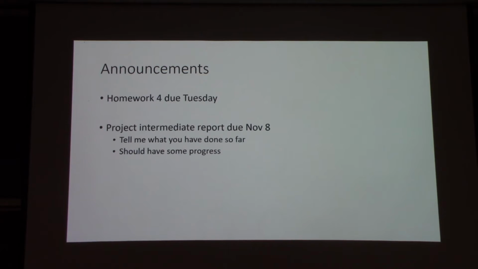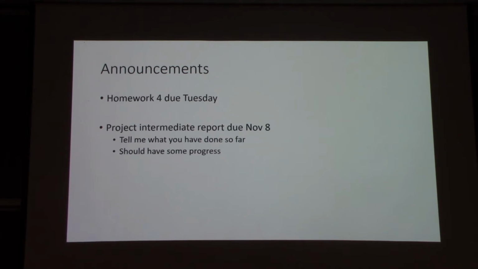The crown has not been stolen yet, but that's only because only 11 of you are participating, but I expect more of you to. I know that more than 11 of you have signed up for the competitive project, and the terms of the deal were that by the intermediate report you should have tried out at least 2 algorithms. So you should have done that. All right. Any other questions? Any questions about any of the stuff?